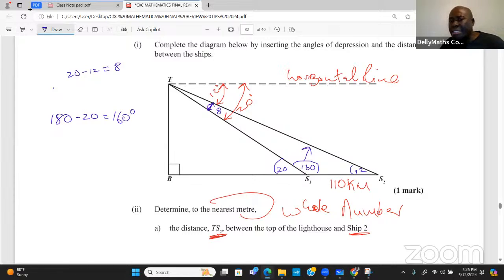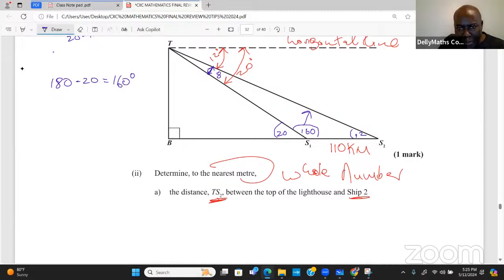So now I'm thinking the sine rule, because the sine rule says if I have an angle and the side opposite to it, if I relate them, they're always going to be equal. What am I saying? I'm going to take 110 over the sine of 8 degrees, and it is going to equal TS2 over the sine of the angle 160.